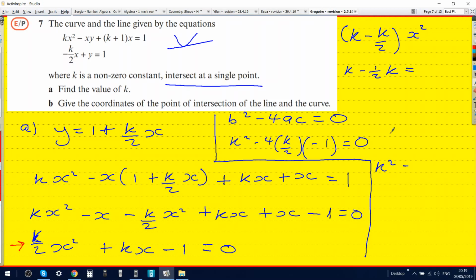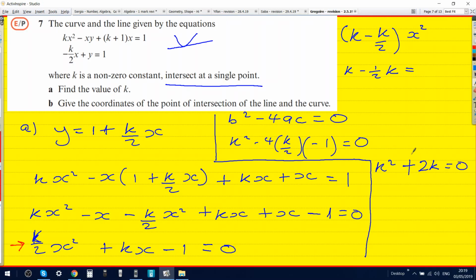So just 2k minus 4 equals 0. And will it be minus 2k or plus 2k? Minus 2k. Minus 4 times minus 1. Oh, plus 4. Yep. So plus 2k equals 0.